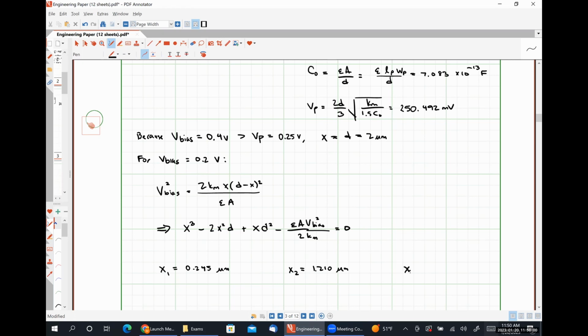And our third solution, x3, was 2.545 microns. So I'm going to put it up to you guys to tell me which one of these is correct. So which one of these is the actual displacement for the 0.2 volt bias voltage? Anybody have any thoughts?